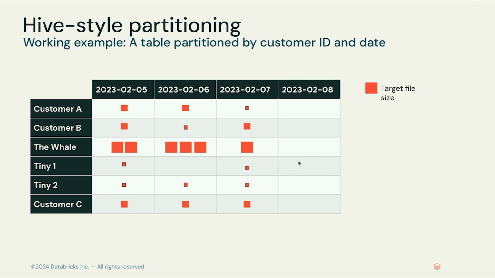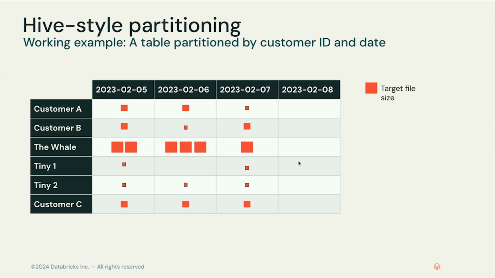We have a table that has many customers and many dates. We want to figure out how we should lay out this data so it's most optimal if I query by customer or if I query by date. Some customers have a lot of data, some have a little data, and some don't even have data for every day.